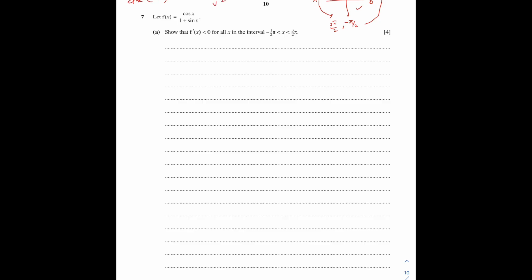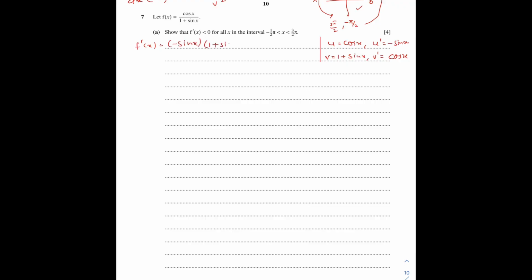So f(x) is cos x over 1 plus sin x. We know d over dx of u over v, the quotient rule, is u dash v minus u v dash over v squared. So let's say what's u? u is cos x, so u dash is negative sin x. v is 1 plus sin x and v dash is cos x. I will use this.